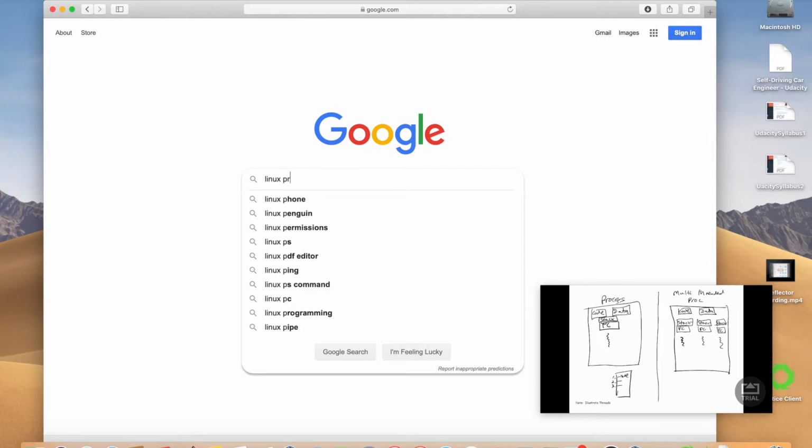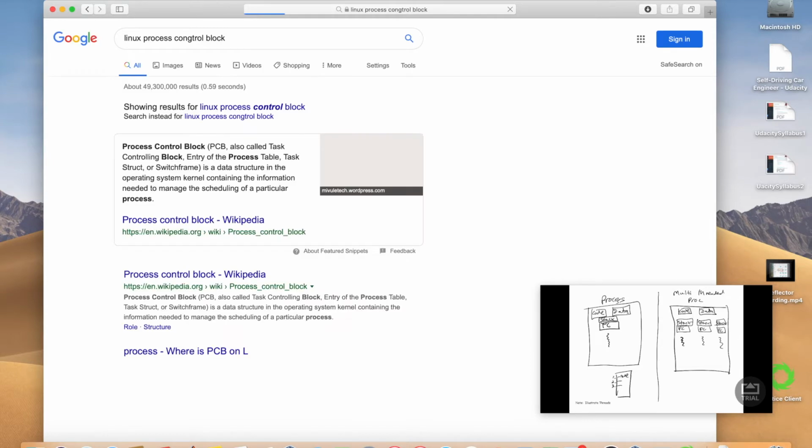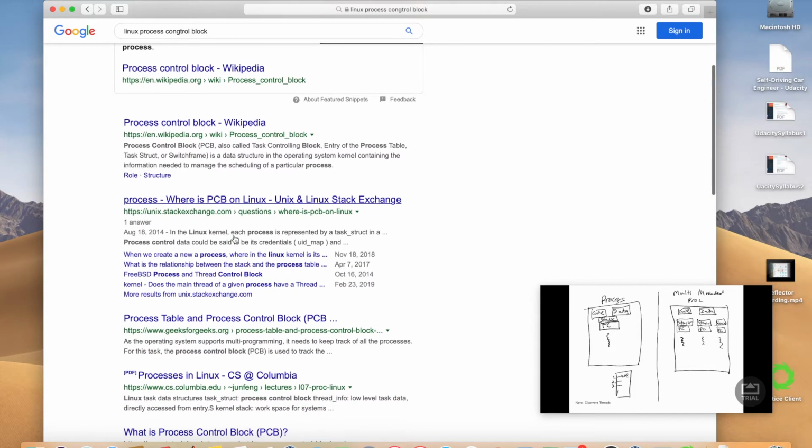Linux process control block. The process control block is the name for the data structure that stores the execution context.